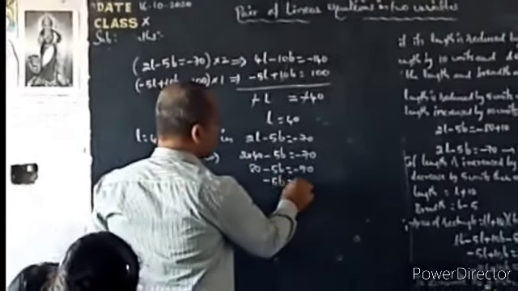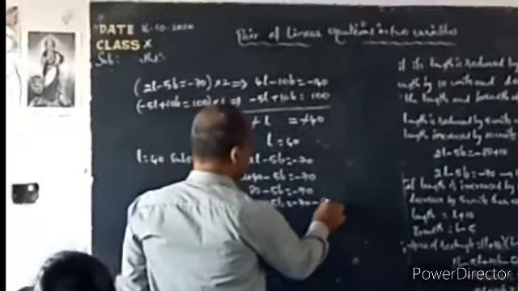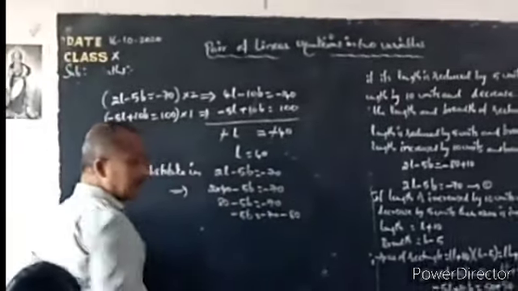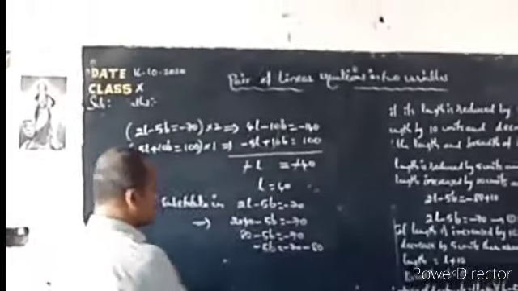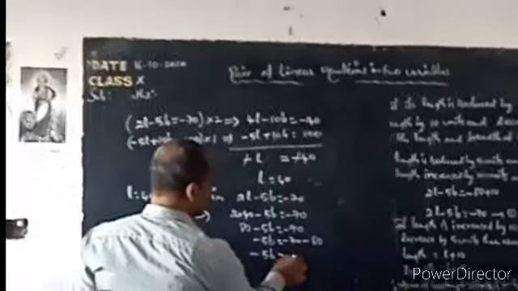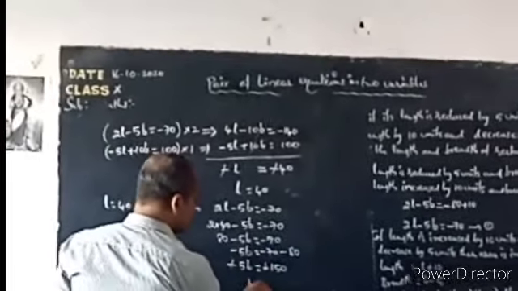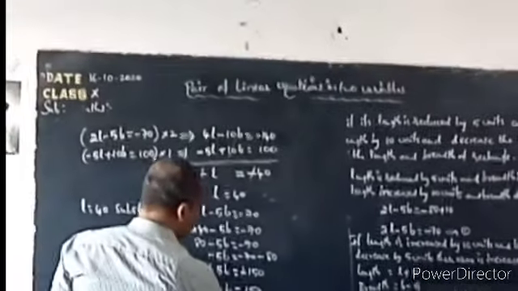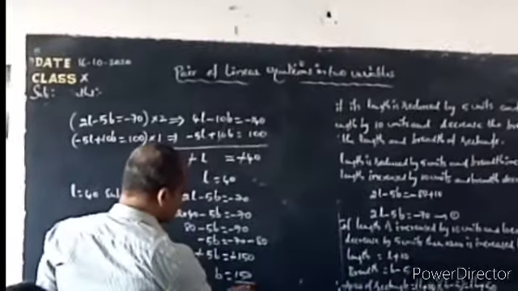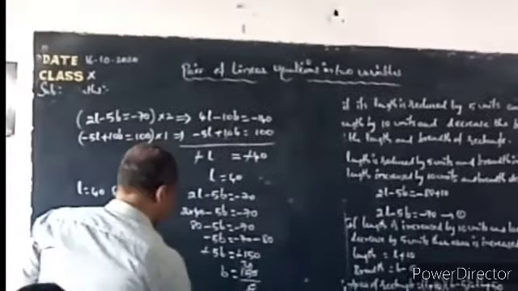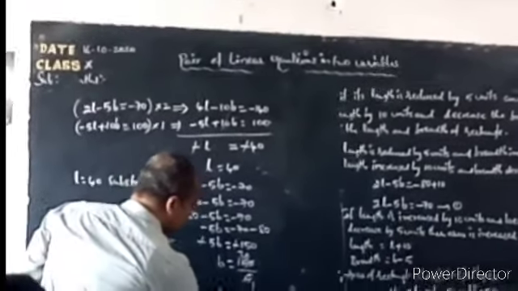Minus 5B is equals to minus 70 minus 80. This plus 80 will transpose and it becomes minus. So minus 5B is equals to minus 150. Minus minus get cancelled. B is equals to 150 by 5. 5 times 30, so 30 units. So breadth is 30 units.